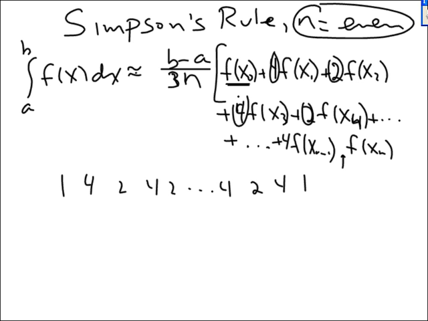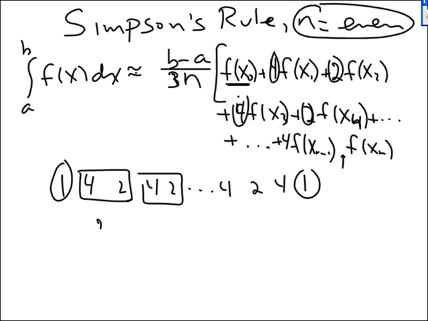Well, this is odd, because the first and the last, that's 2 of them, which is even, and then you have pairs in there: 4, 2 is one pair, and then the next 4, 2, and then another 4, 2. So all the ones that are circled or boxed, there is an even number of them. Then you have one more, which is odd.